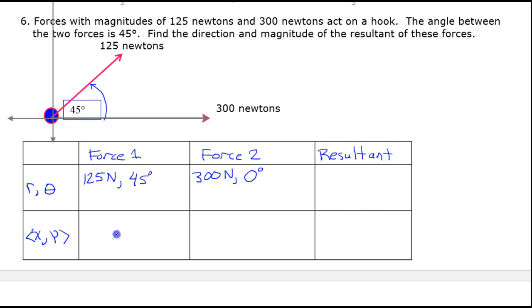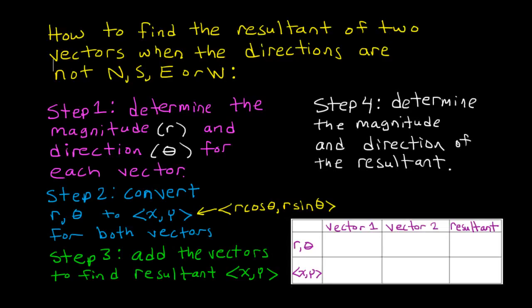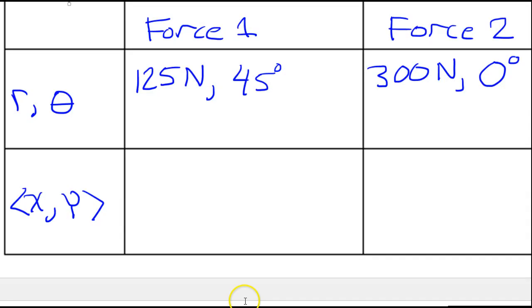Let's convert both of these into component form. If I have the magnitude and direction and I want to convert to component form, I use the formula r cosine theta and r sine theta. So for the first force, if I want to do r cosine theta, that's just going to be 125 cosine 45.